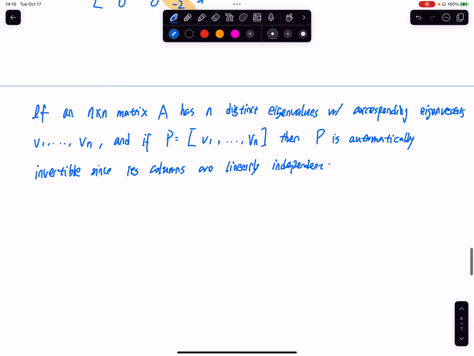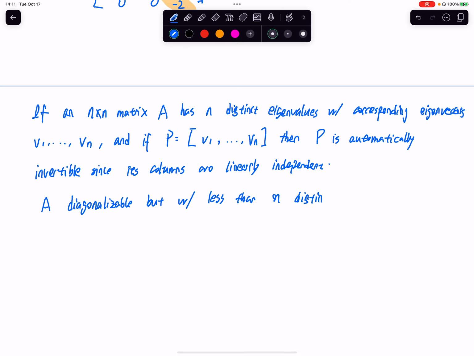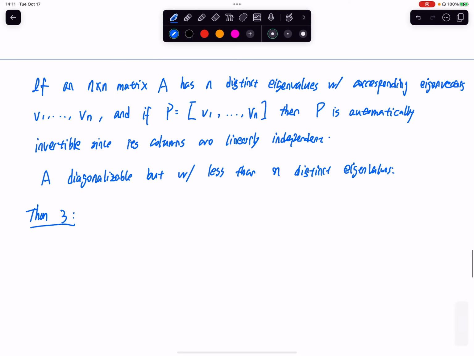So for the case where A is diagonalizable but with fewer than n distinct eigenvalues, we use this result.